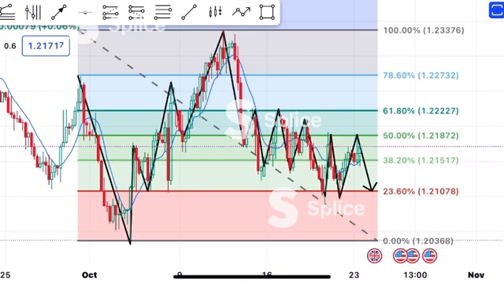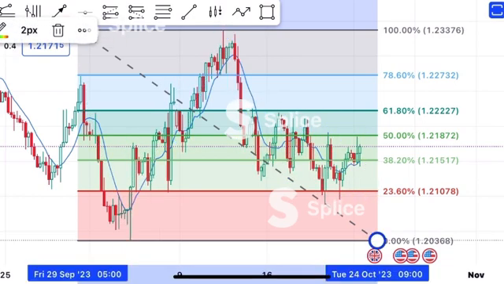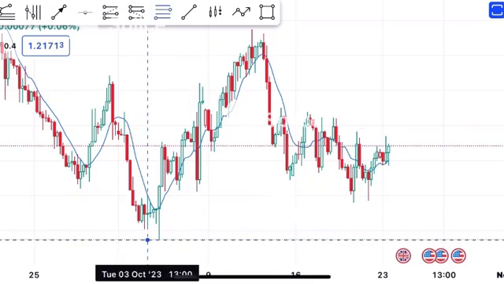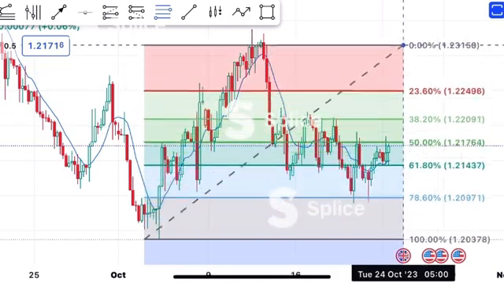Now to plot a bullish Fibonacci retracement level, you go down to the lowest level and plot your chart upwards to the highest level.